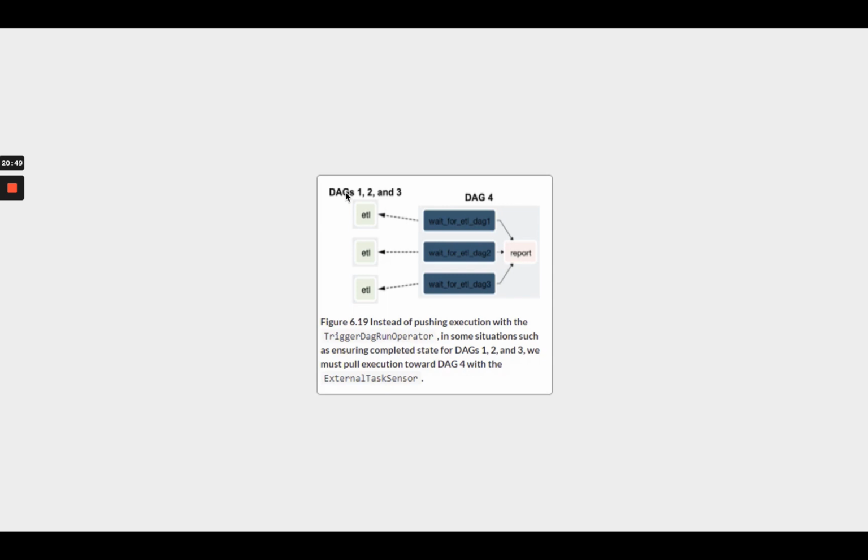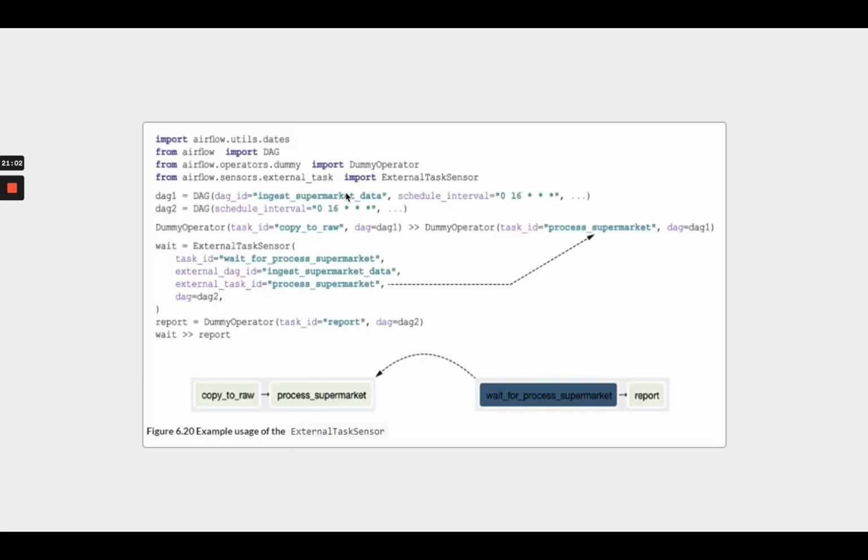This way, the wait_for_etl_DAG 1, 2, 3 tasks act as a proxy to ensure the completed state of all 3 DAGs before finally executing the report task. The way the external task sensor works is by pointing it to a task in another DAG to check its state.